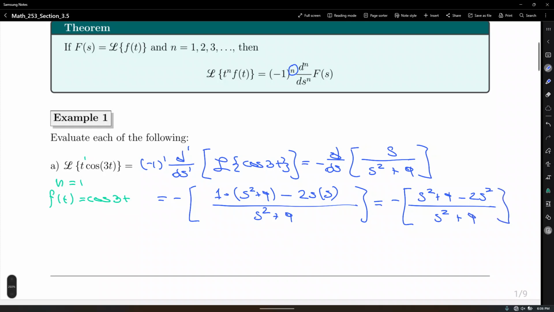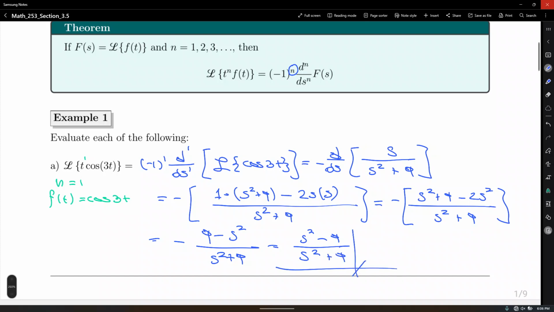There's not much to simplify here. We end up with negative 9 minus s squared over s squared plus 9, and we can use the negative to reverse the order of the terms in the numerator, that is s squared minus 9 divided by s squared plus 9.